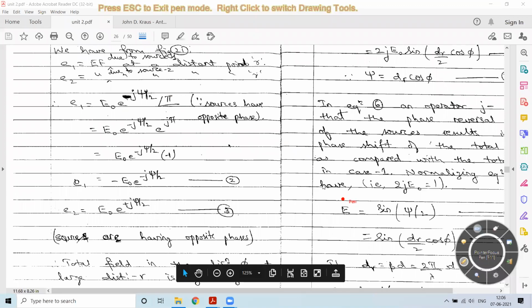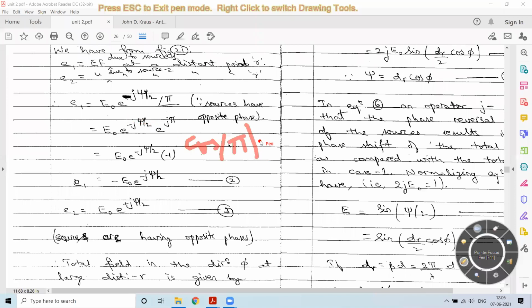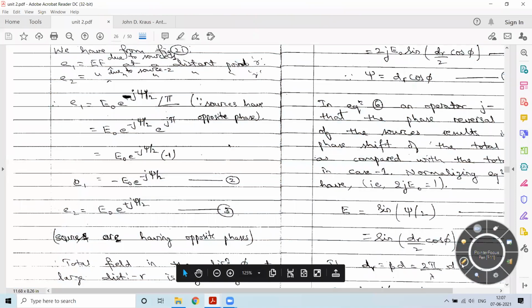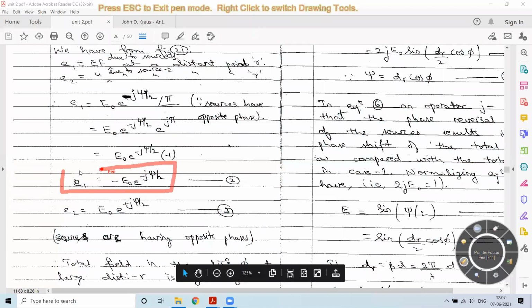Cos pi is minus 1, and sin pi is 0. Therefore e raised to j pi equates to minus 1. So I end up having E1 equal to minus E naught into e raised to minus j psi by 2.